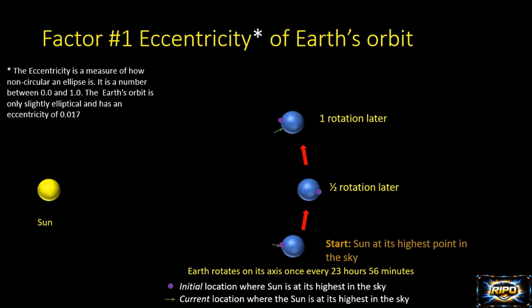For example, if we take the point in time where the Sun is at its highest in the sky, marked with a purple dot, then one rotation later, because the Earth has moved along in its orbit, the Sun isn't overhead at this point. It takes an extra 4 minutes for the Earth to rotate a little further to reach the point where the Sun is once more at its highest in the sky. And that's why a day is on average 24 hours.